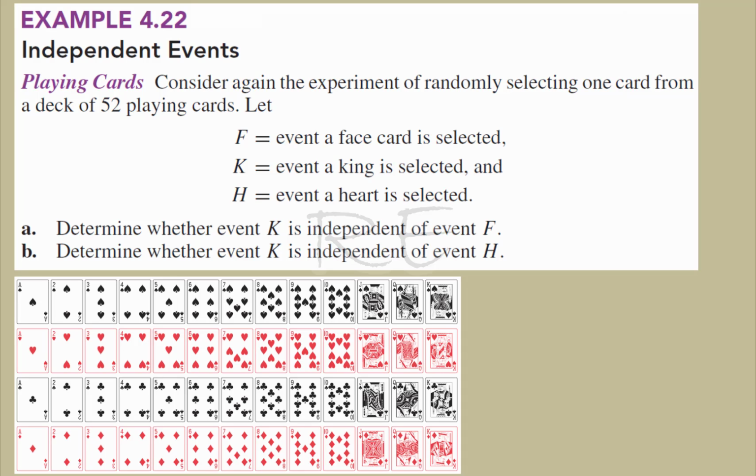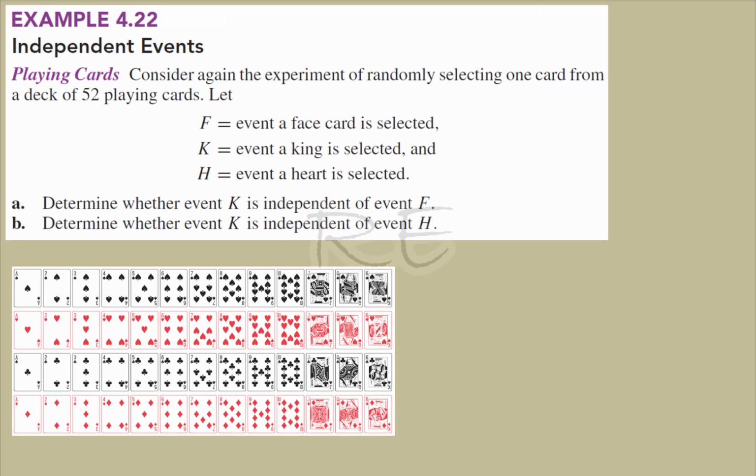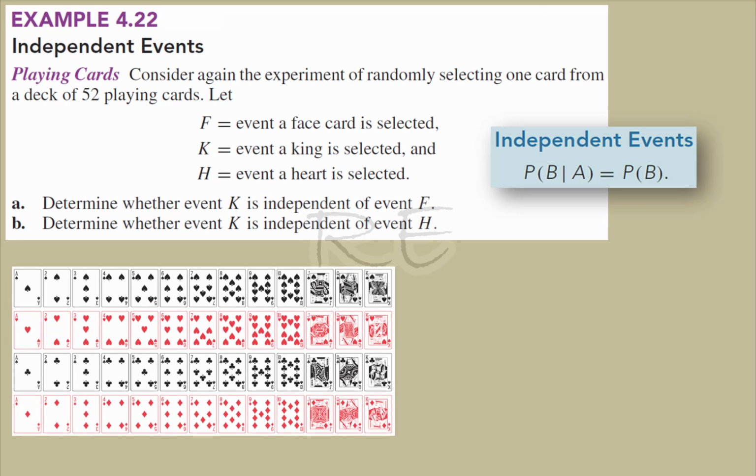4.22, we need to determine whether event K is independent of event F. F is the event a face card is selected, and K is the event that a king is selected.